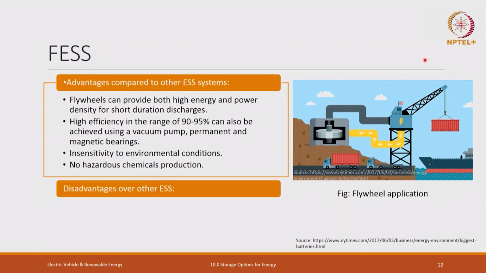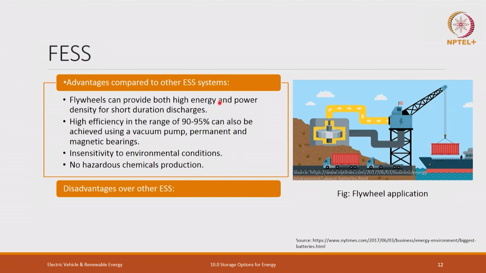What are the advantages? It can provide both high energy and power density for the short term. Because of power density, it is mostly used in frequency stabilization, because power density is a very important factor in frequency stabilization. It can reach an efficiency of 90 to 95%, but you have to employ much better techniques to minimize whatever frictional forces are coming. How can you do it?